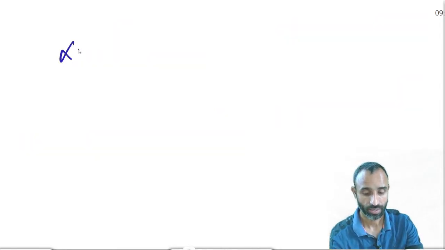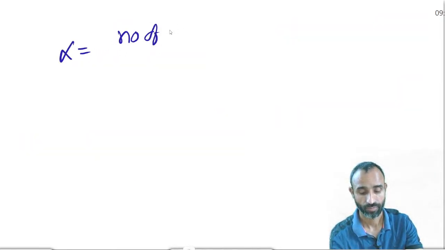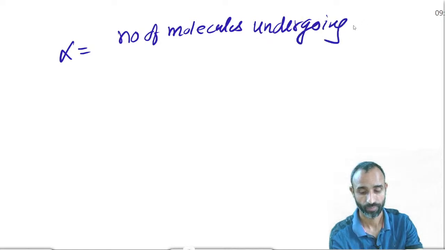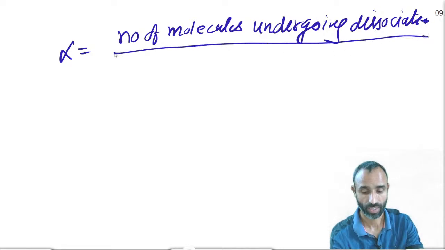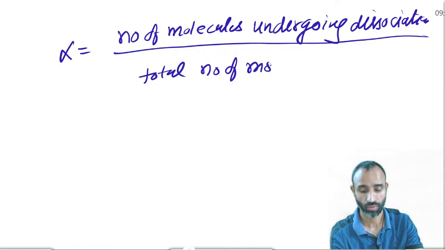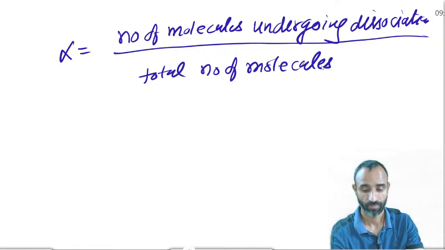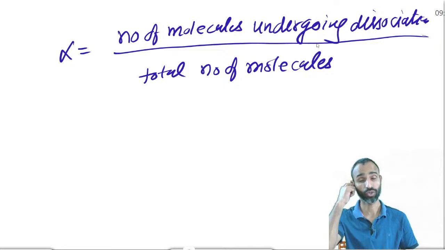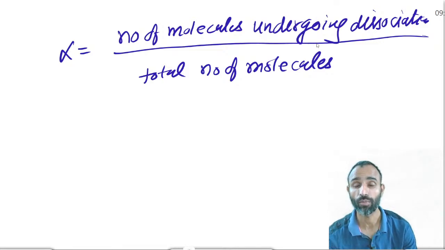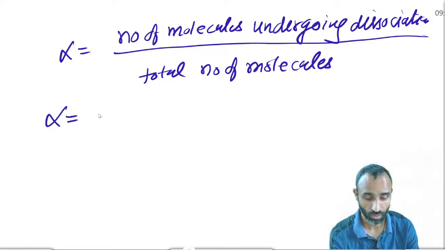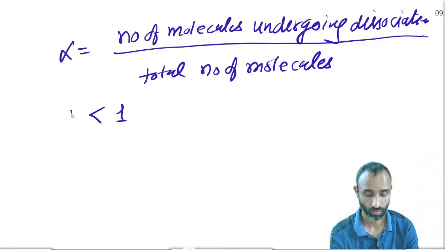Alpha is the number of molecules undergoing dissociation divided by the total number of molecules. So the number of molecules undergoing dissociation can never be greater than the total number of molecules. So alpha is always less than 1 for weak acids.